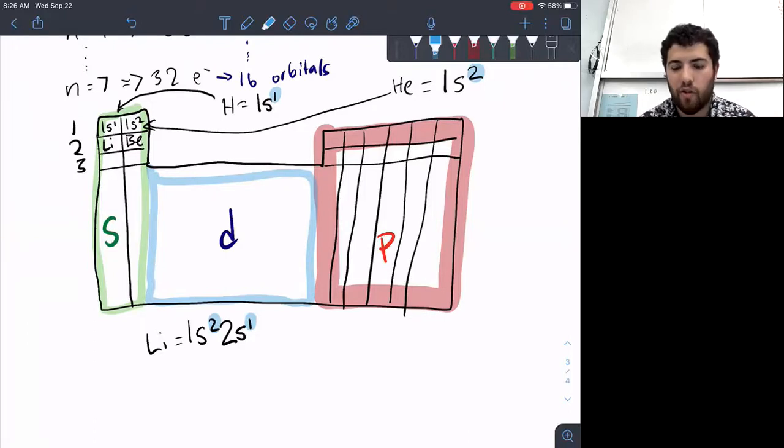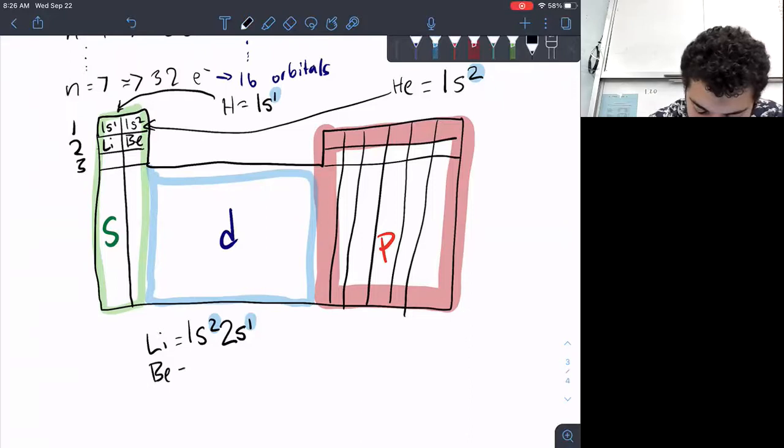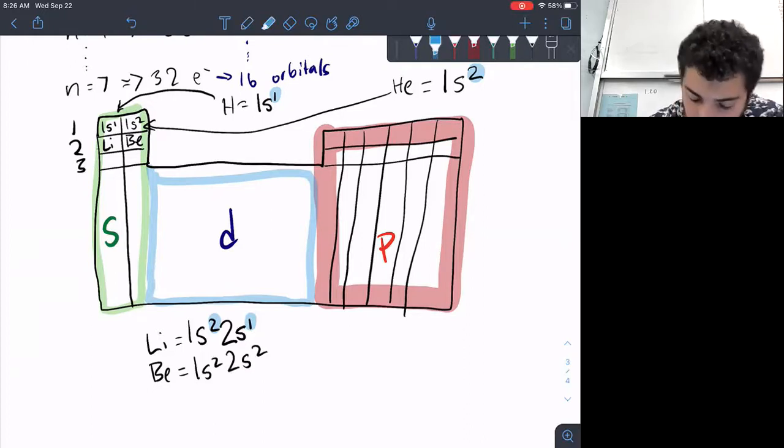Then it has a second energy level with only an s orbital there with 1 electron in it. Beryllium follows the same path: 1s2 to make up for that helium, and then 2s2 because it's at second position, and we see a total of 4 electrons, which is correct. So what happens when we move over?